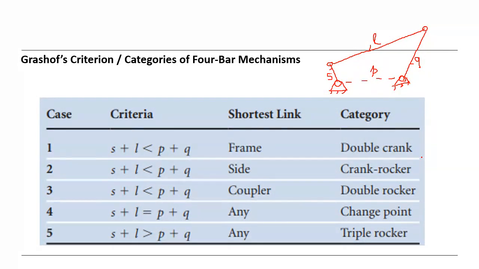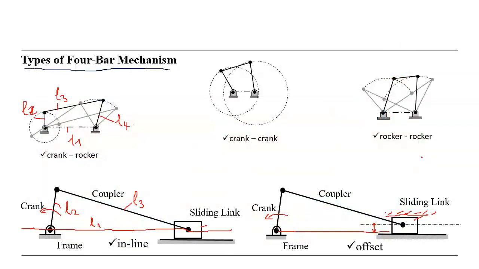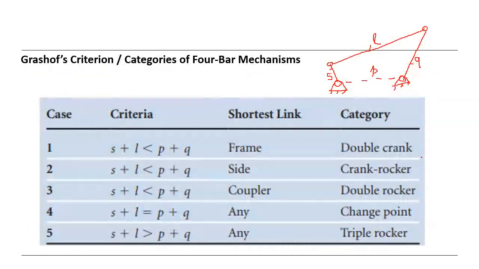So you see, the dimensions of the links are very important: which type of mechanism we need in the machine, how we can arrange the dimensions, what the constraints are, and what should be considered regarding the type of mechanism if we want to change the dimensions.